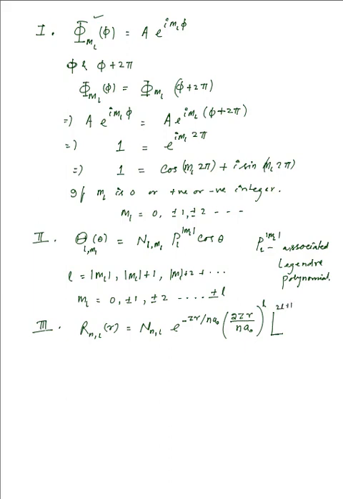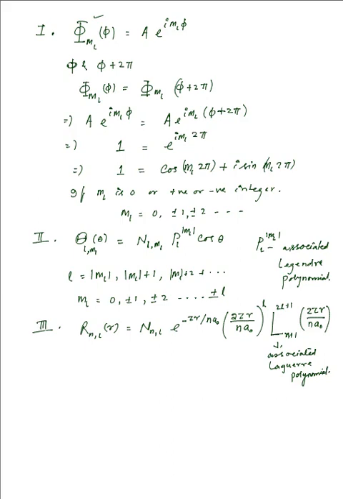This is the associated Laguerre polynomial, with argument 2Zr over n a naught. And it has different forms for different values of n and L.